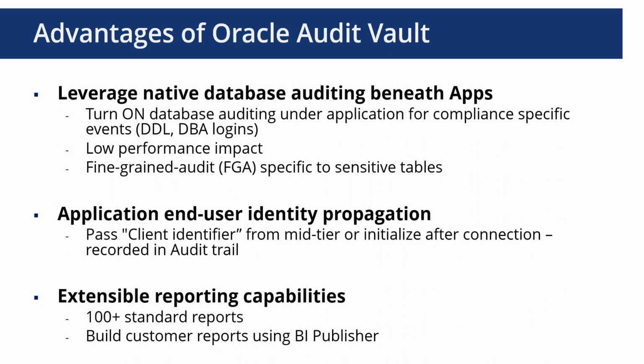I have a slide at the end where I'll get back to this, but another key advantage of the Oracle Audit Vault is its ability to consume and propagate this concept of identity propagation. I'll mention specifically the client identifier attribute if you're on an Oracle platform, and I'll develop that idea later on.